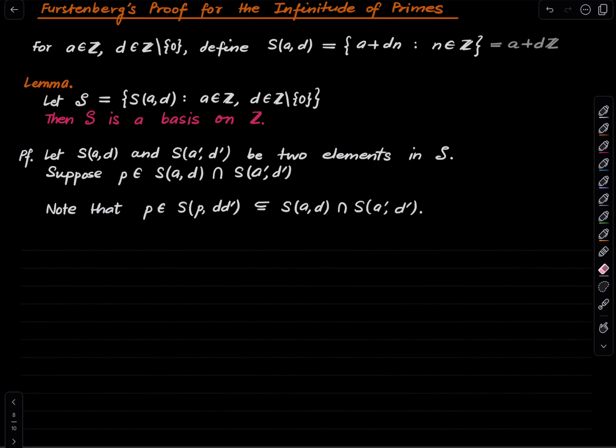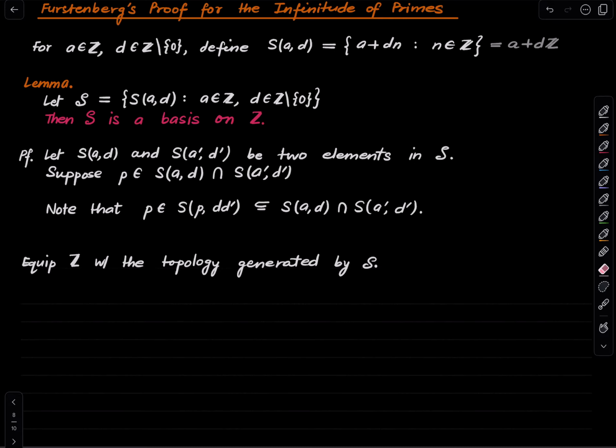Okay, and now what we will do is we will equip the integers with the topology generated by this basis. So now Z becomes a topological space. Right? Okay. And here is a very simple observation. Note that every non-empty open subset of integers is infinite.